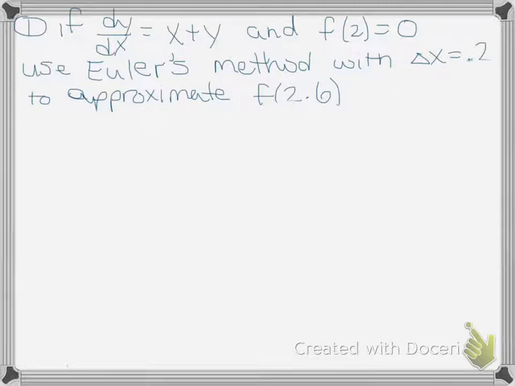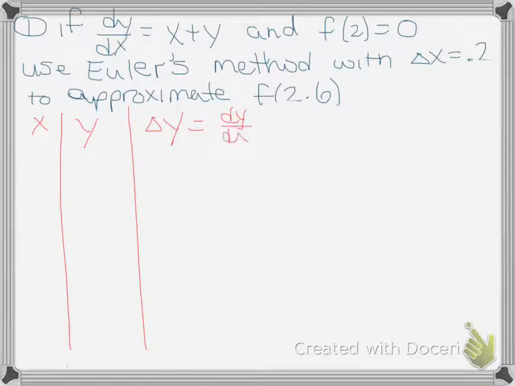The easiest way to tackle Euler's method is to go ahead and make a table. So we're going to have x, we're going to have y, we are going to have our delta y, and if you remember from that image, that is dy/dx times delta x, and that's super important.